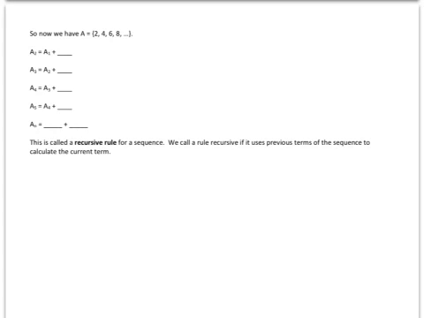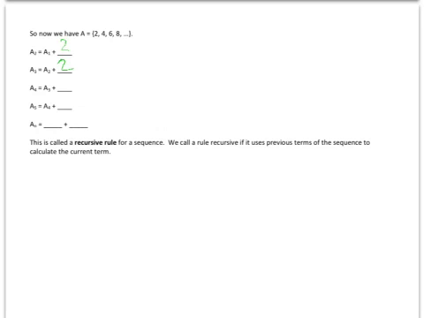So let's see if we can use our new notation to describe the pattern that's happening in the sequence A. So A2, that's the second number in the sequence, is equal to A1, the first number in the sequence, plus 2. And A3, which is the third number in the sequence, 6, is equal to A2, the second number in the sequence, plus 2.